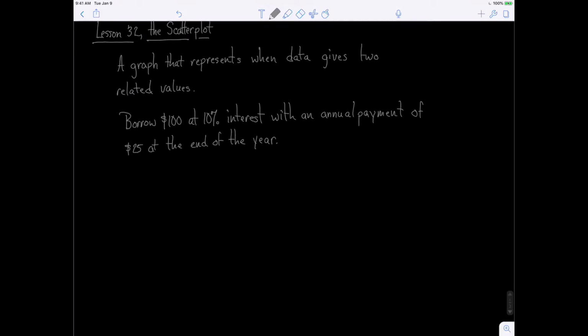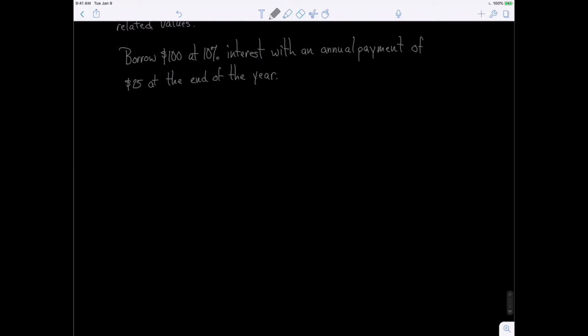All right, well, here's how a loan works. We'll call it beginning of year, and then we'll write our years. For example, at the beginning of year 1, we're going to have our principal balance, we'll call it our principal, and that'll be $100.